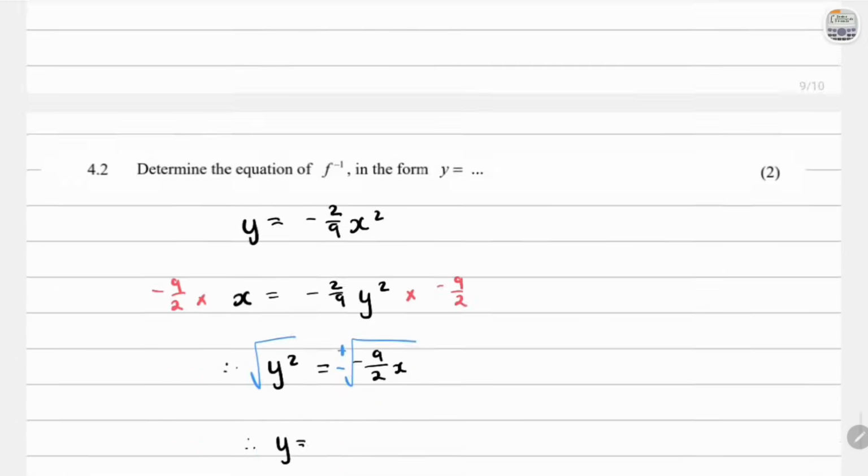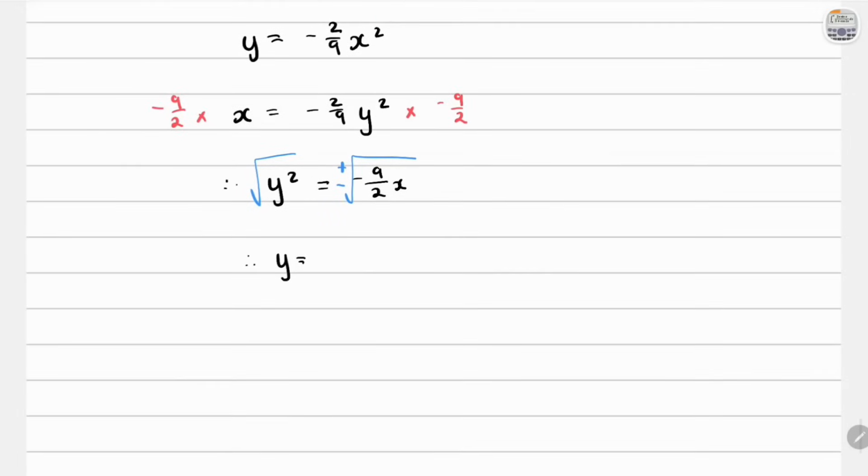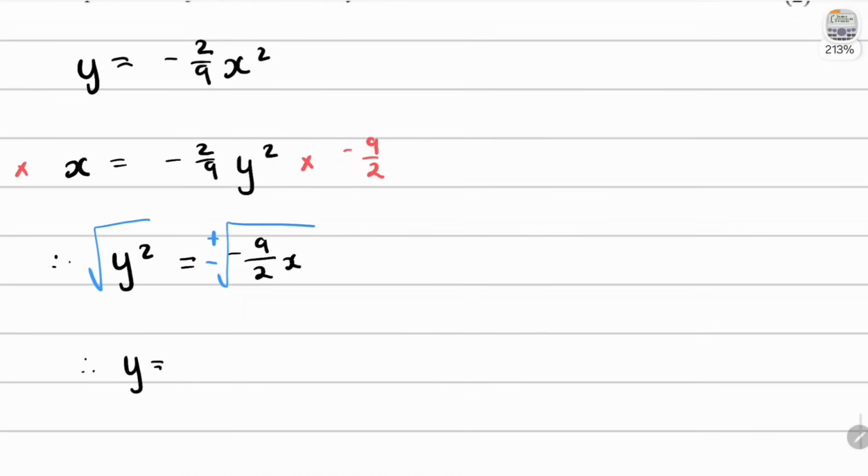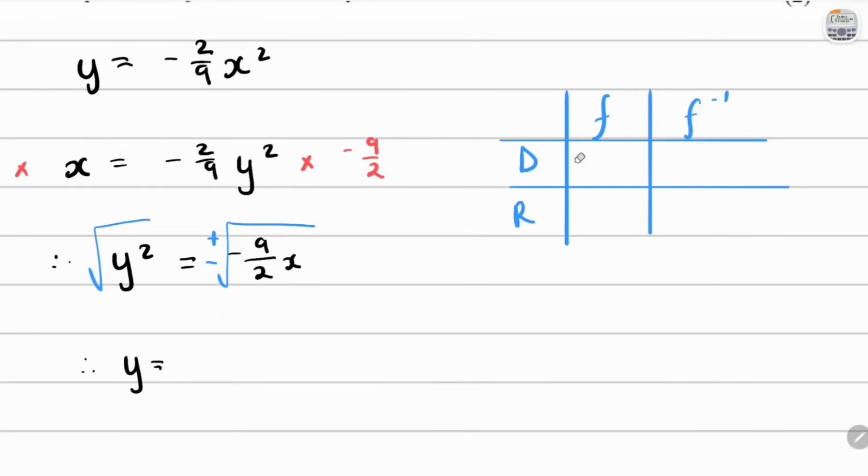Now, what this would mean for the inverse is this. Here's the relationship between the inverse and the original graph. If the domain of the original graph was x is less than or equal to 0, and we saw that the range of the original graph was y is less than or equal to 0, what happens with the inverse is that in the same way that the x and y values switch places, the domain and range also switch places.